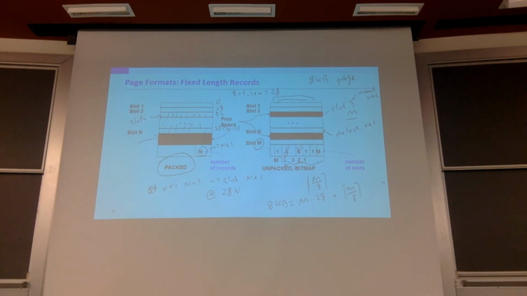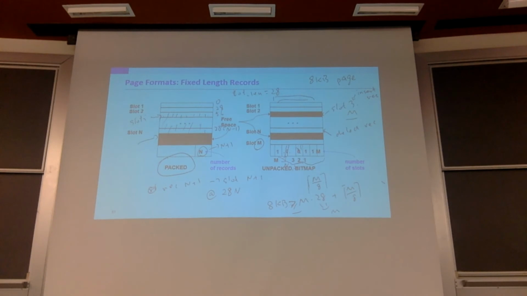So just solve this equation, you get the m. Actually, this should be an inequality. Because when you have something at the very end of this page, you will have some fragments over there, because there's some space that's left but does not fit one record. So that's why you want this inequality here and solve for the maximum m you can get.